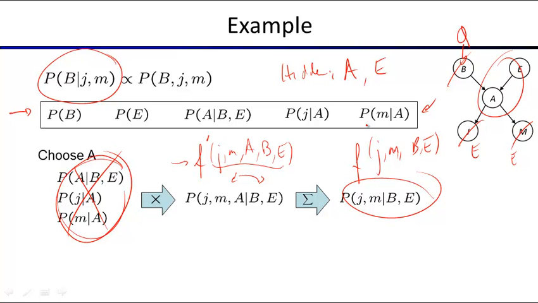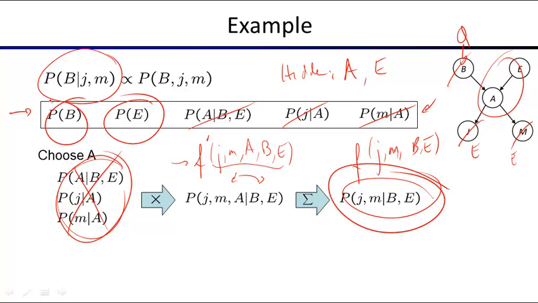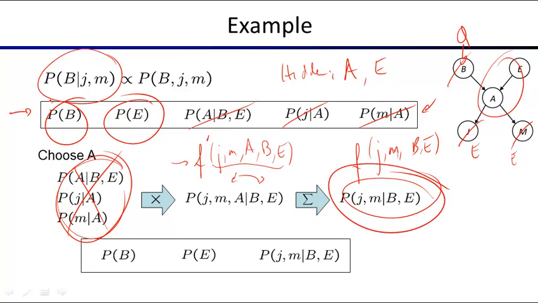This is M given A, J given A, and A given B comma E. Because we joined on A, every factor that contains A has been used and put into a new factor altogether. So we're left with this, this, and this. Yes, this summation is a sum over all values A can take on. Correct.